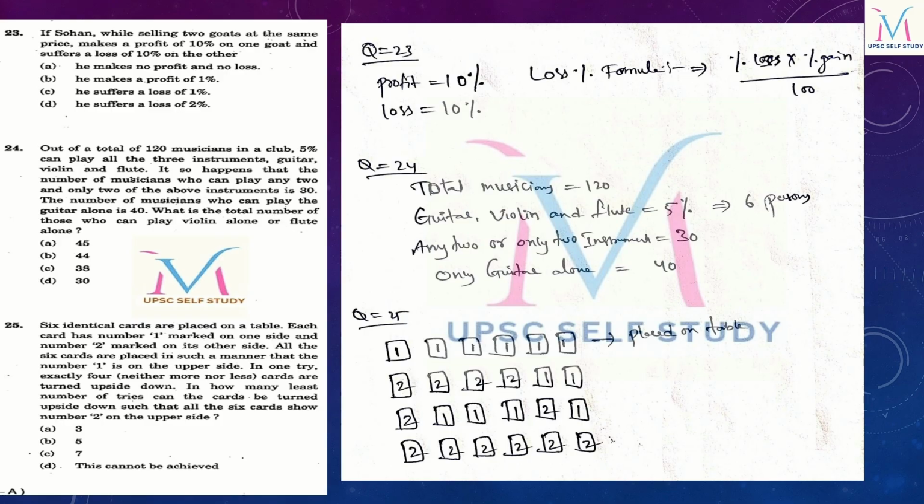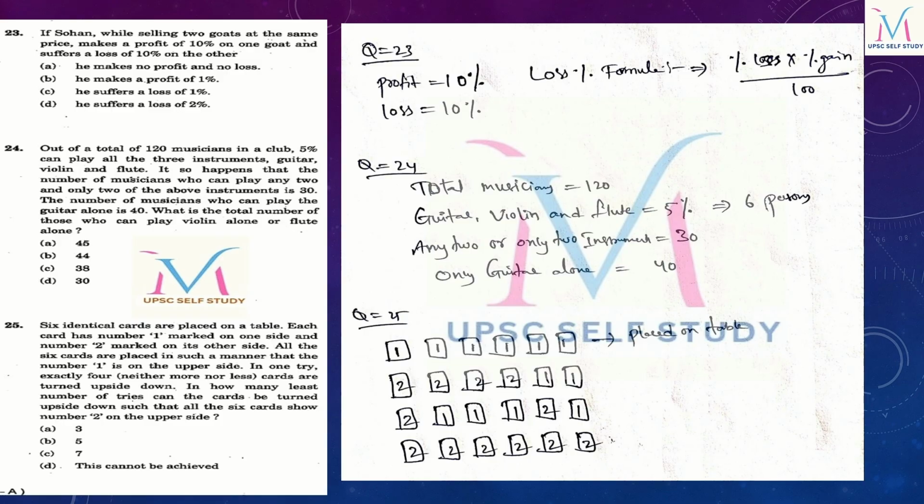So now the loss, as I told you, the loss percentage formula. What I told, percentage of loss into percentage of gain by 100. So percentage of loss is equal to minus 10 and percentage of gain is equal to 10, by 100.